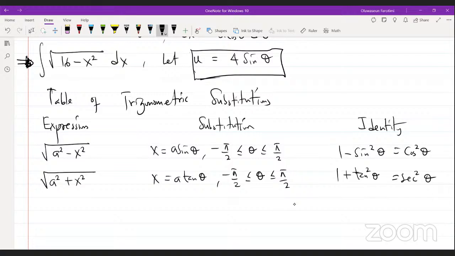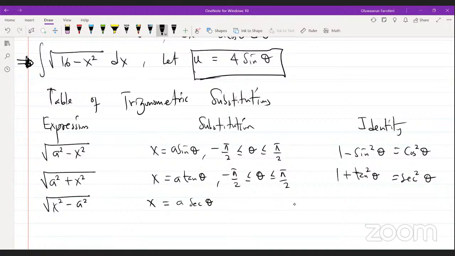The last one I want to present here is when you have x squared minus a squared. In the first two cases, I had a constant coming up first, but what if it's on the other side? I have x equals a secant of theta. That's the substitution I make.